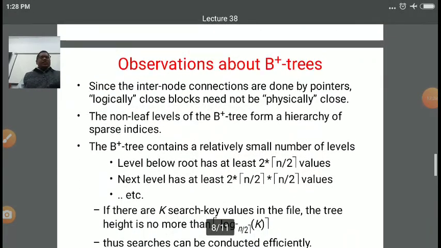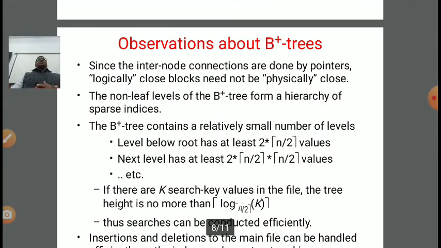Up to this point we discussed the node structure of a B plus tree, how to organize the search keys and pointer values in a B plus tree, and how many non-leaf and leaf nodes are possible in a B plus tree with a given n value. Now based on this we can make some observations about the B plus tree.